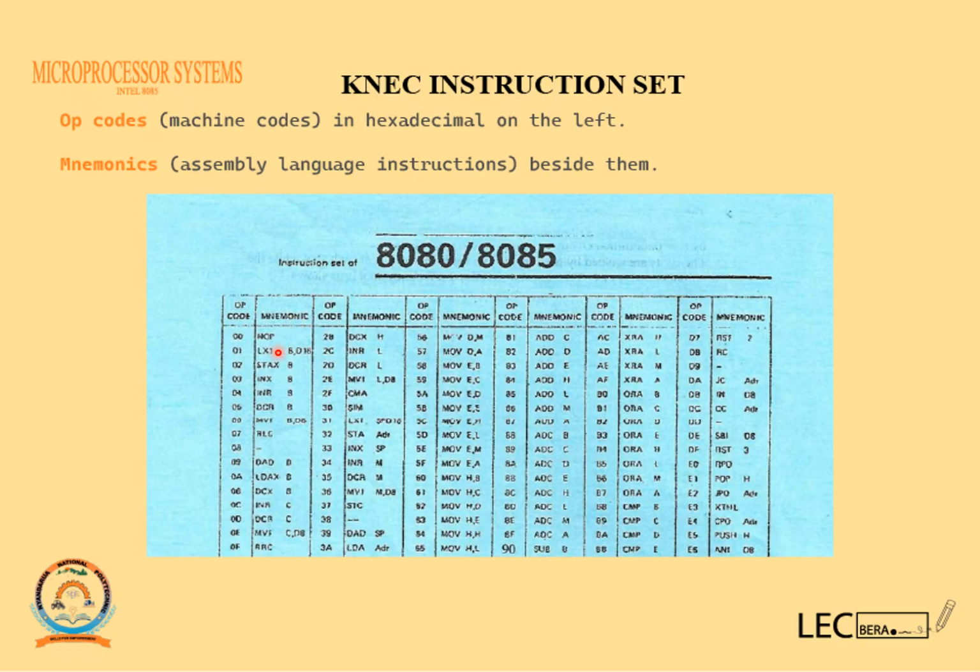If you look at the opcode version of it, it's 00. For example, we have another one, MVI L, D8. This one is an instruction which is a mnemonic. The opcode version is 2E.